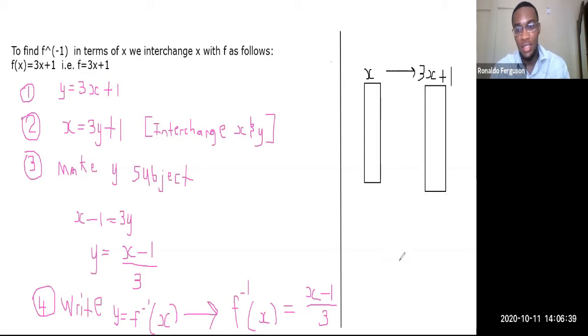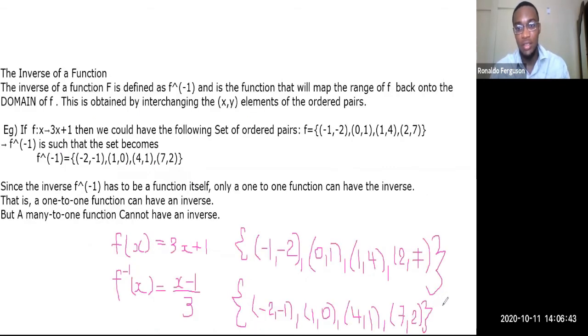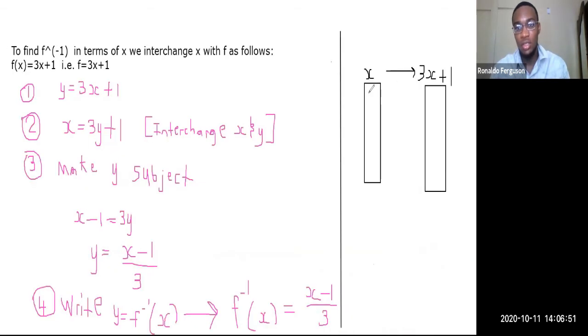All of the x values that we used were negative 1, 0, 1, and 2. When x was negative 1, we got negative 1 times 3 is negative 3, plus 1, which is negative 2.